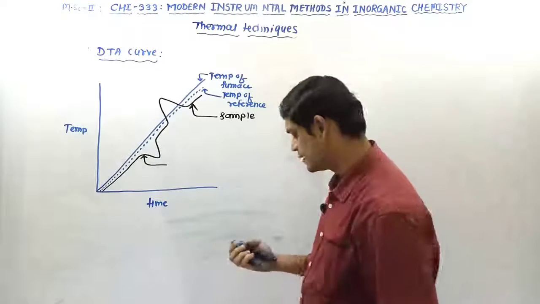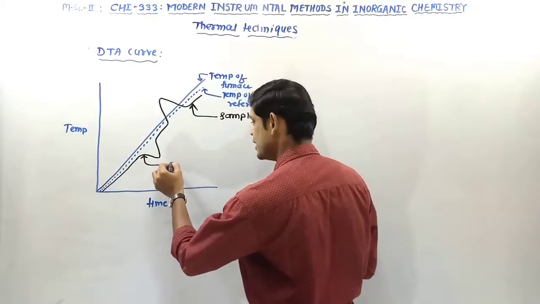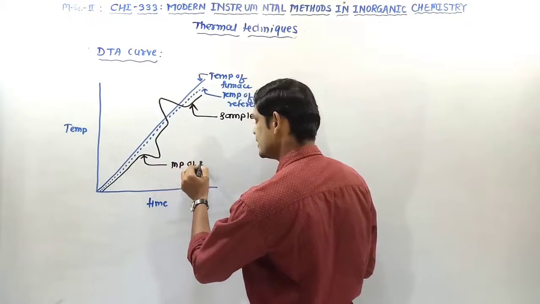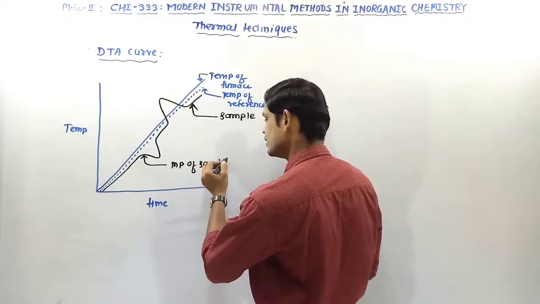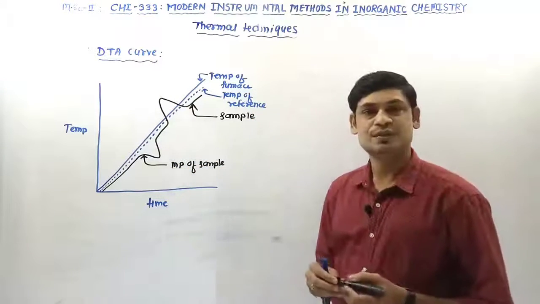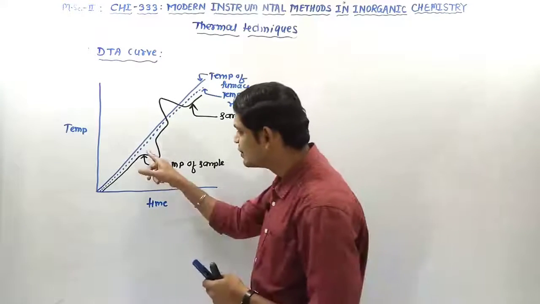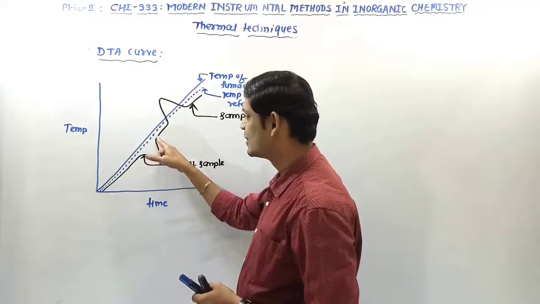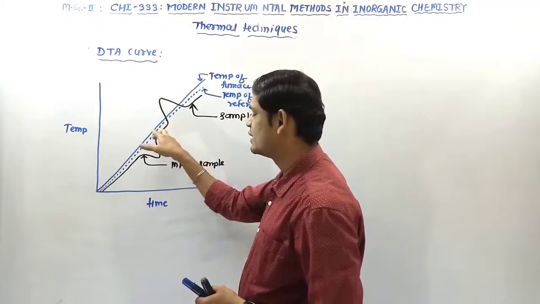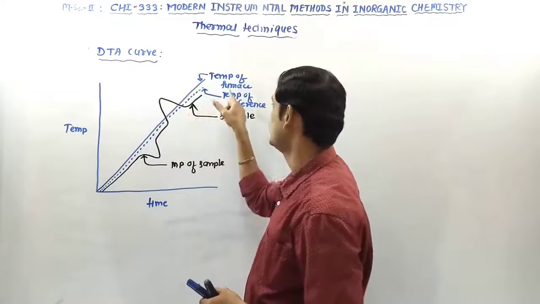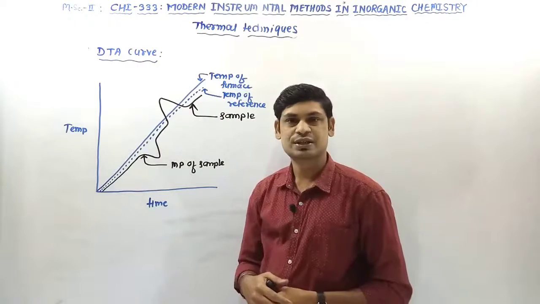So you can say that this is the melting point of the sample. After completion of the melting process, the temperature again rises progressively along with the reference material.